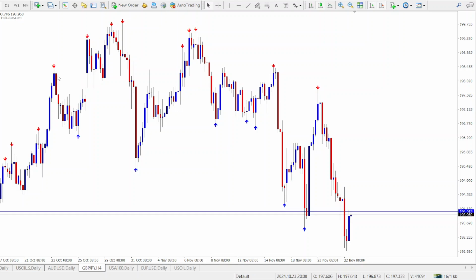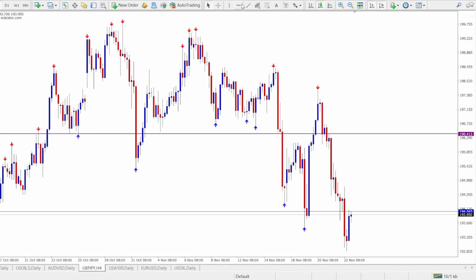When the indicator gives you a red arrow above the candlestick, it simply means that it is time to sell. When you enter a sell, you can set your stop loss just above that swing high, and for your take profit, you can decide to use the nearest support zone.